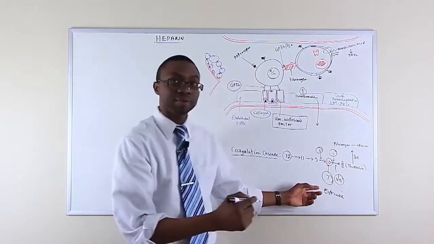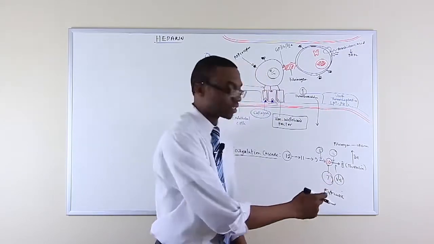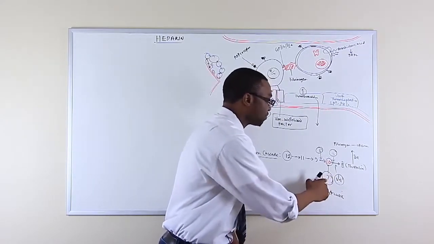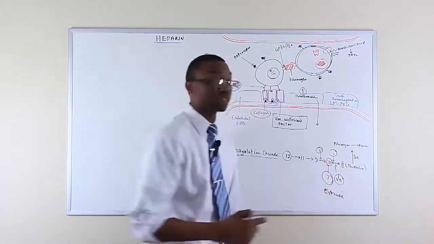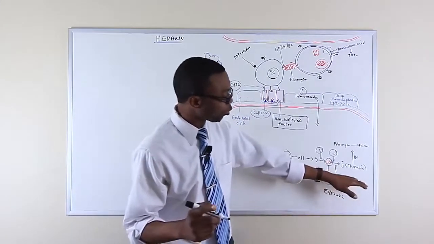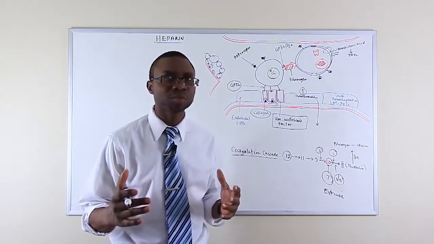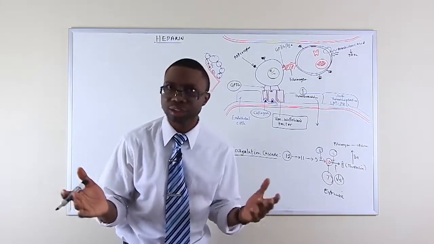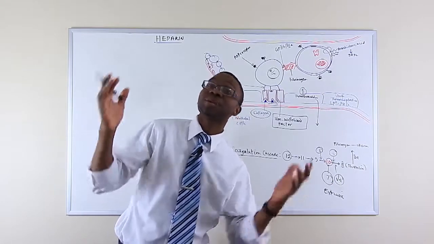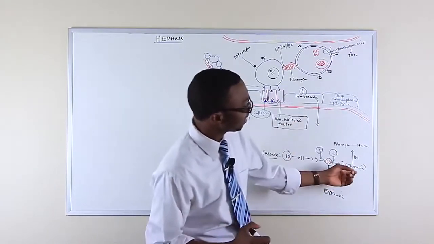And this extrinsic pathway uses tissue factor, and factor 7 is converted to factor 10 and eventually to factor 2. Now, what I want you to notice is factor 2 is also known as thrombin, from the word thrombus. That's pretty easy, right? A protein that's going to form a clot, right? That's going to be the final pathway.